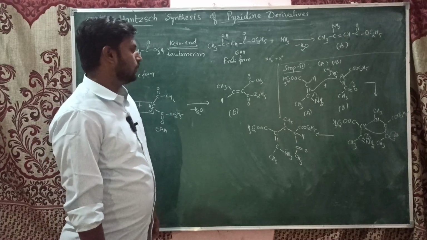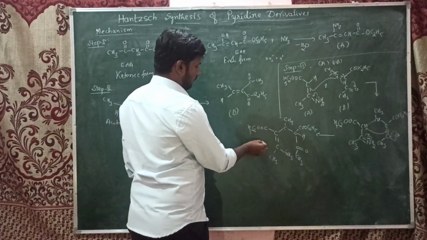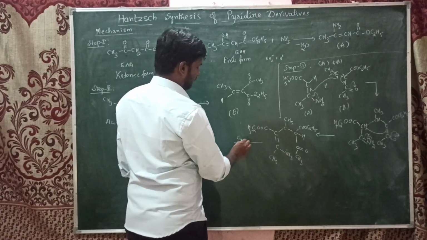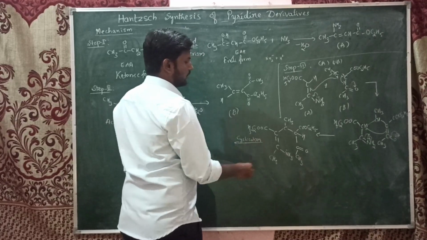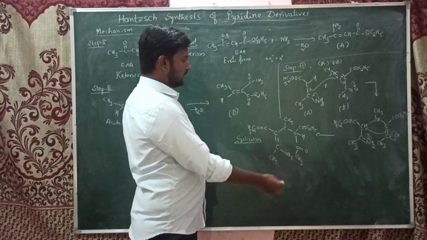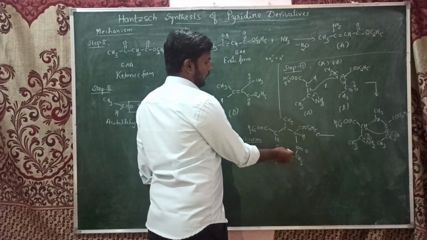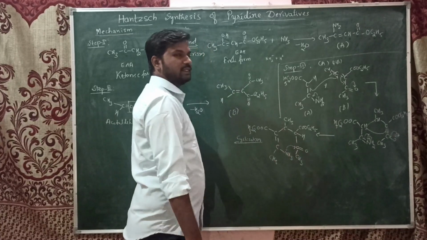Okay, now cyclization takes place. So this is not cyclic now, it is going to form a cyclic structure. So this lone pair of electrons will now attack this carbon atom.